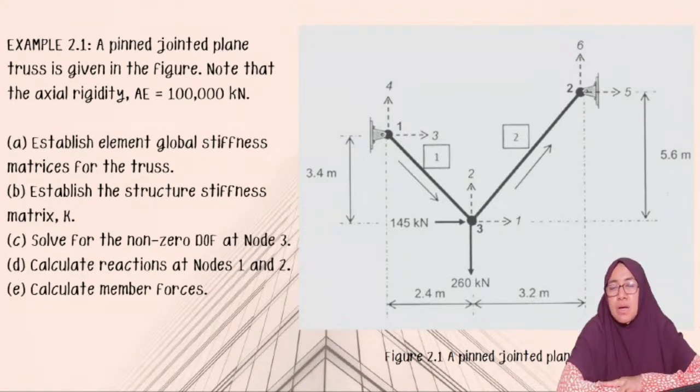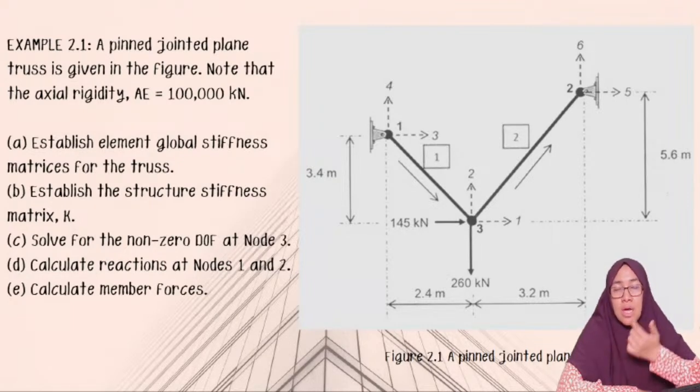Okay, so this is an example Truss question. Normally, the question will be the same every time. We start by establishing the element stiffness matrices, K1 and K2 and K3 and K4 and so on. Then we combine them to get the structure stiffness matrix, and then we write the stiffness equation.